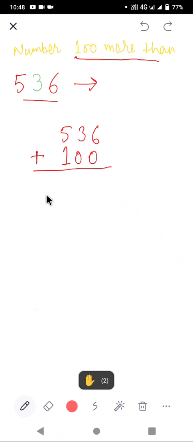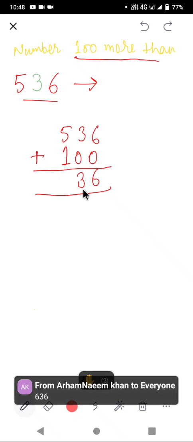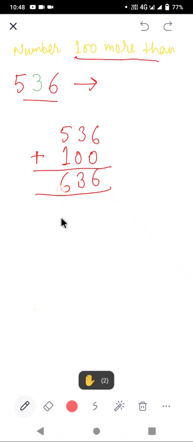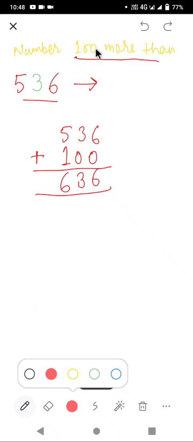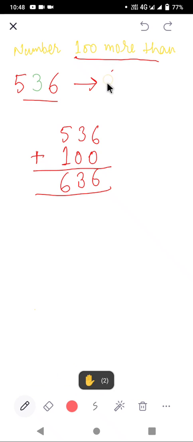So add it. 6 plus 0 is equal to 6. 3 plus 0 is equal to 3. When we add 0 and any number, we get same number only. 5 plus 1 is 6. So 100 more than 536 is 636. Let me write here 636.